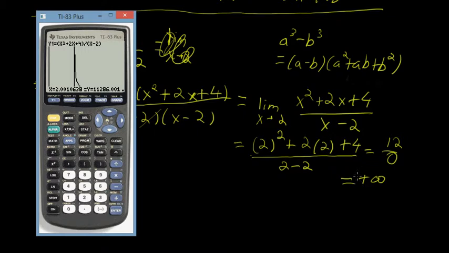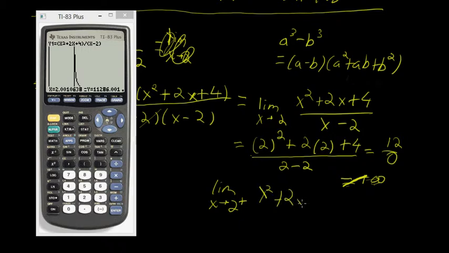So this is actually incorrect. The limit as x approaches 2 from the right of x squared plus 2x plus 4 divided by x minus 2 is positive infinity.